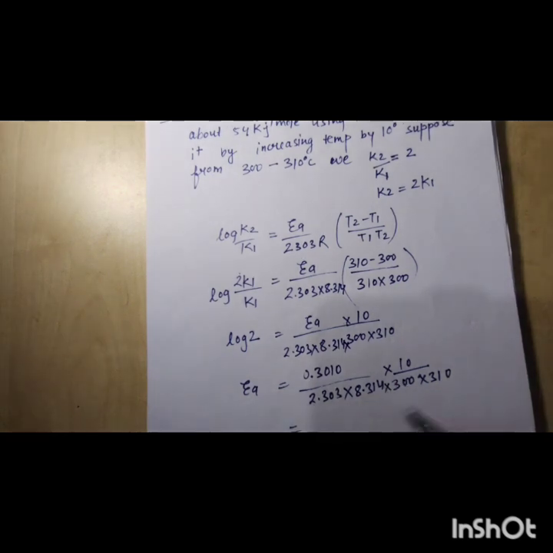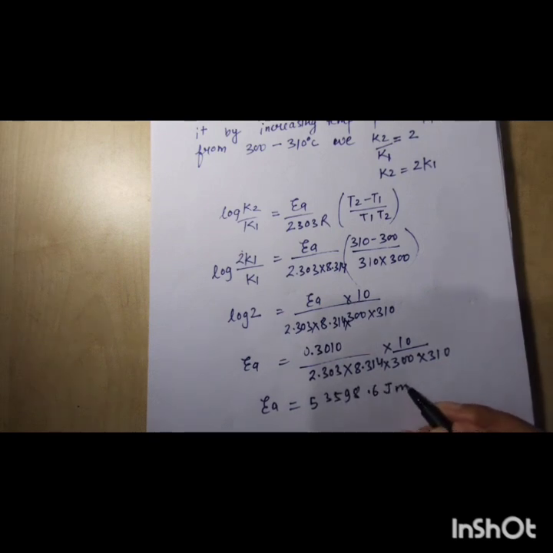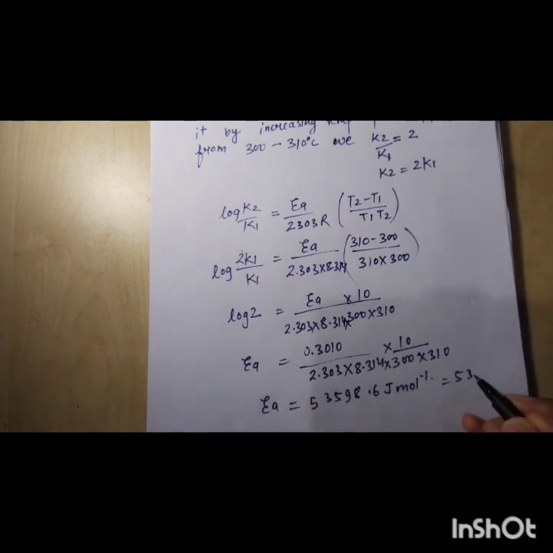After solving this, EA value is equal to 53,598.6 joule per mole. That is equal to 53.6 kilojoule per mole.